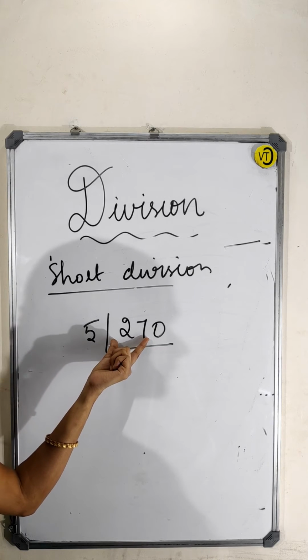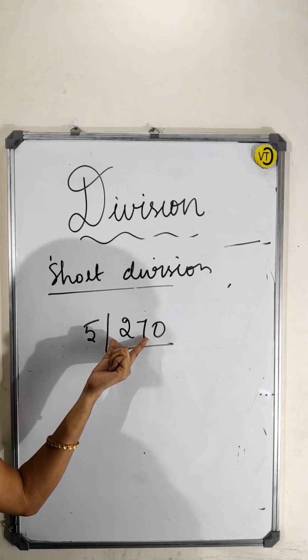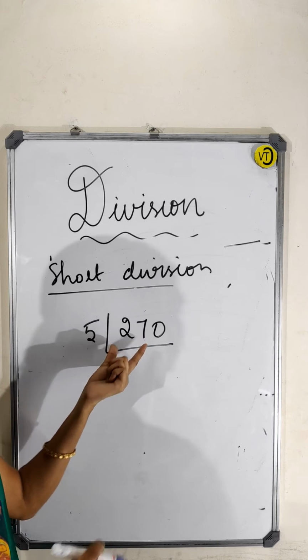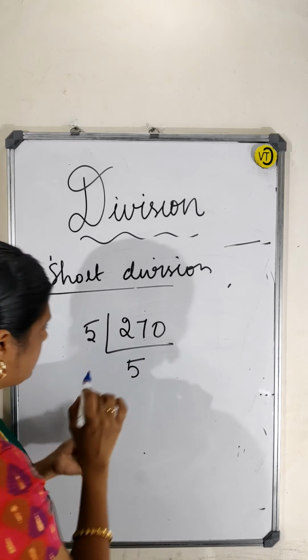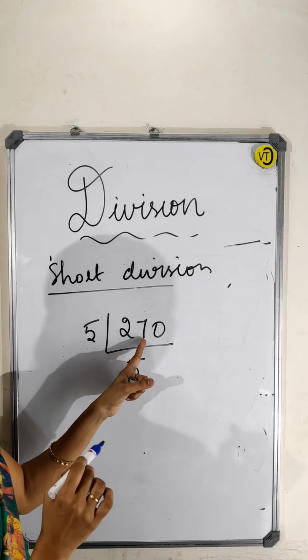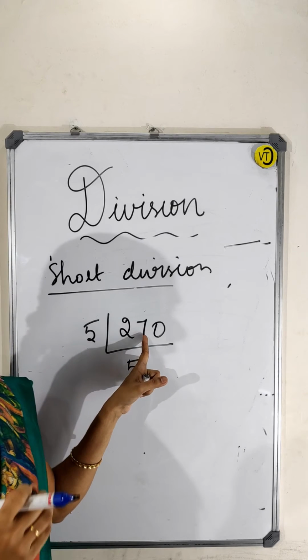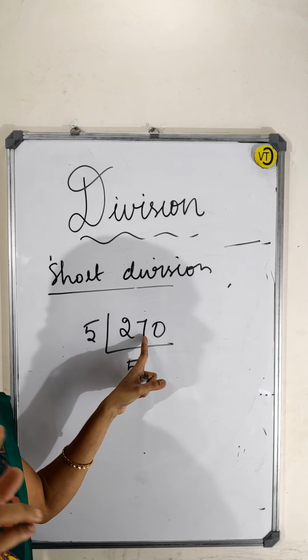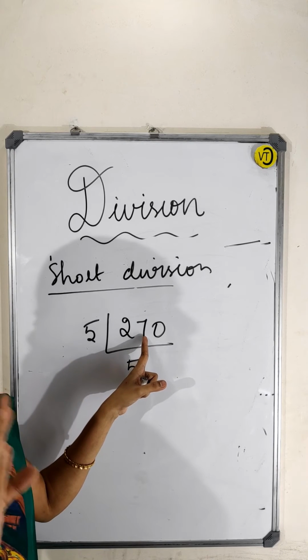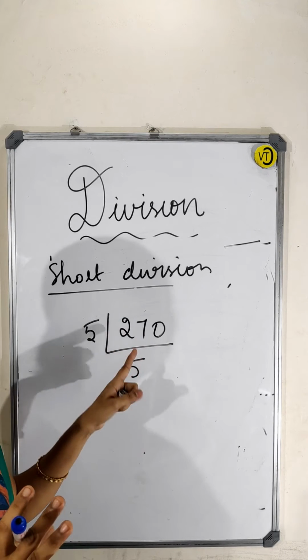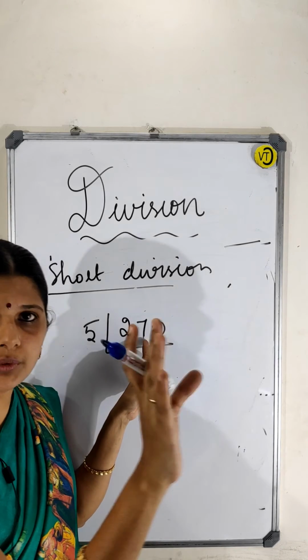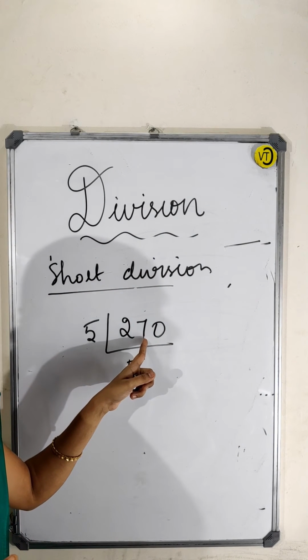Okay. We recite the table. 5 into 5 is equal to 25. And 5 into 6 is equal to 30. I should not go beyond that. Up to 27, that means 25, up to that only you have to recite.